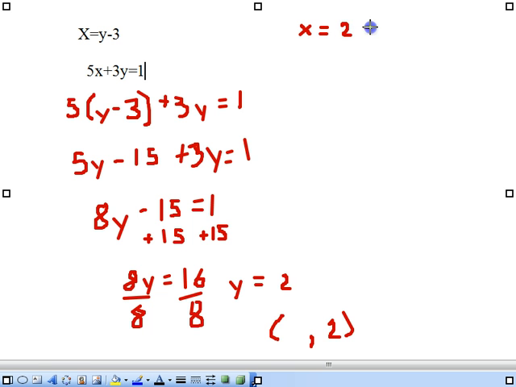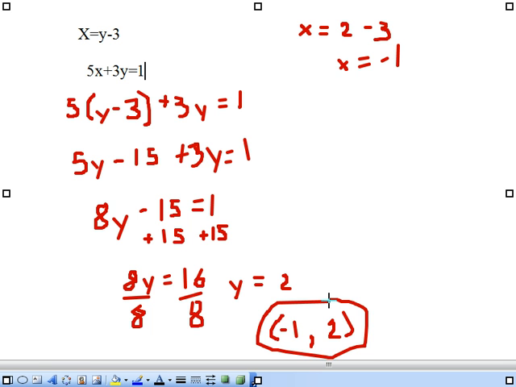So x is equal to 2 minus 3. So x then, of course, is equal to negative 1. So we put that in our solution here. And this is the answer to that system of equations.